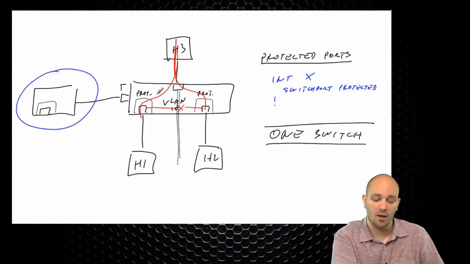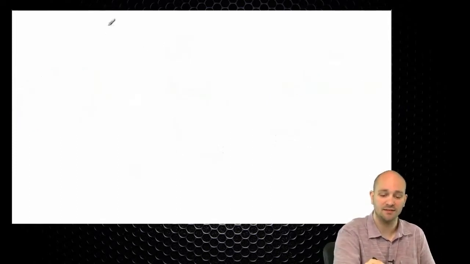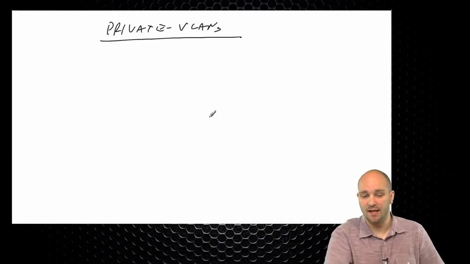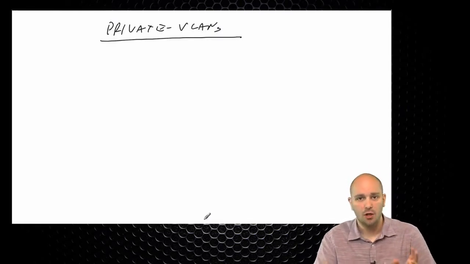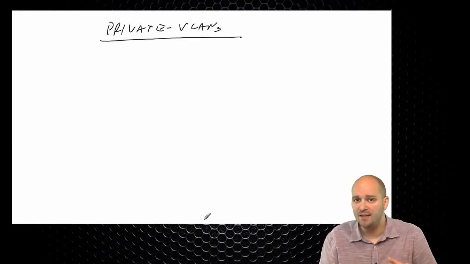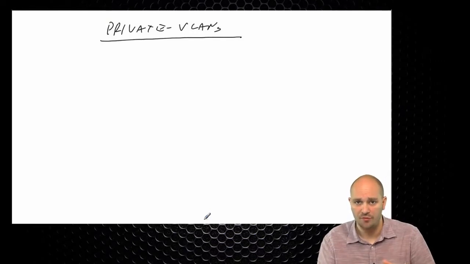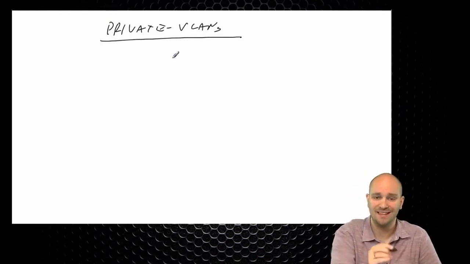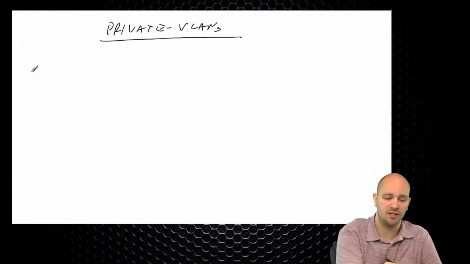So we were unaware that these protected ports existed. This is where private VLANs come into play. They basically extend the protected port feature to multiple switches, and they also provide some other functions. Now, the first thing to talk about with private VLANs is some of the terminology that we use there.